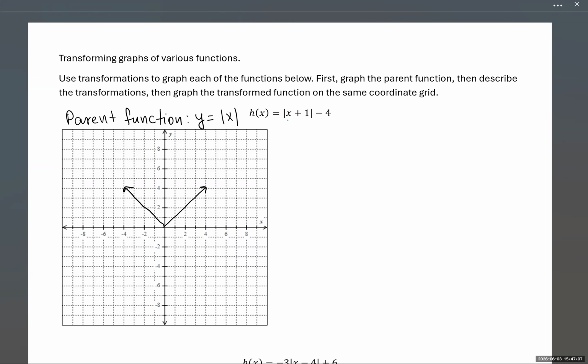I'm going to go ahead and rewrite it so that I can point out some stuff. So this is x. I'm going to break up that plus sign into x minus and then -1 and then -4. So we have a couple of things that are happening here. So this -1 right here means that the function has been shifted or translated 1 unit to the left.